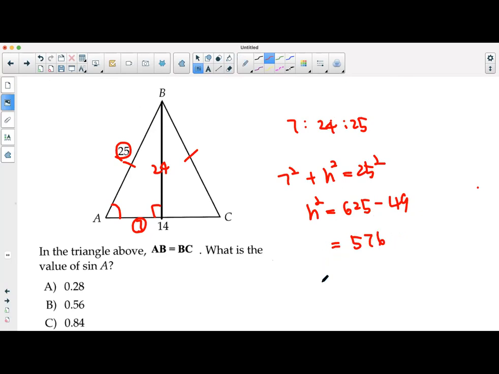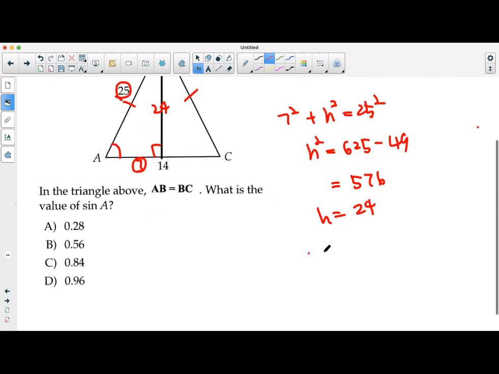When you take the square root of 576, that's right, we end up getting 24. So we get 24 out of 25, which is in fact equal to 0.96. So that's what we can do. All right, let's move on to the next question.